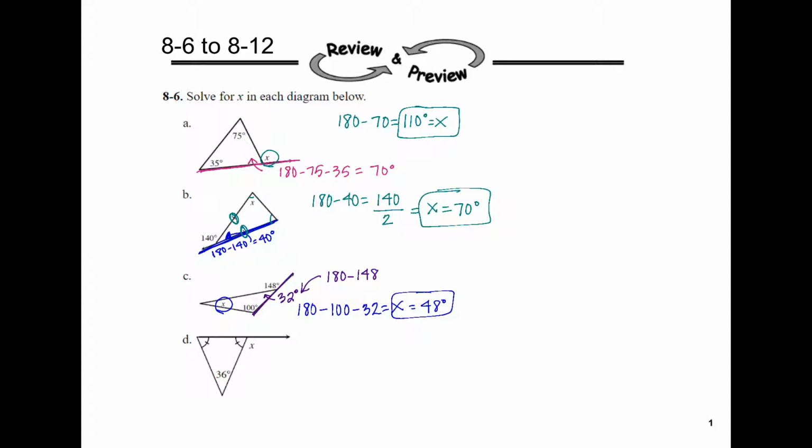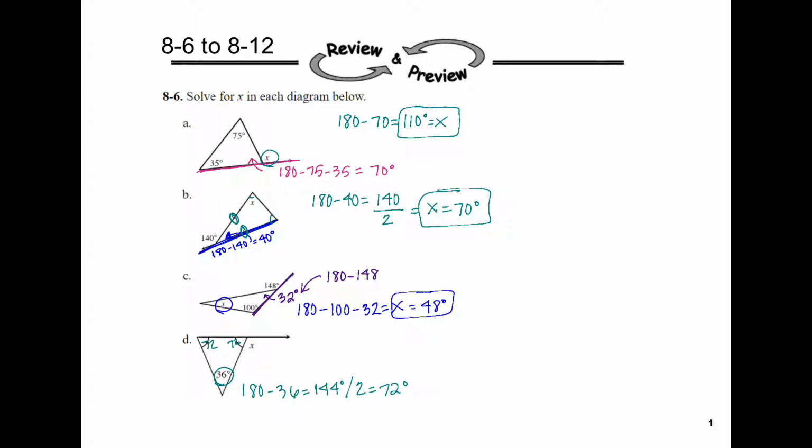Looking at our last triangle, we can see that our top angle is 36. So if we subtract 36 from 180, that tells us that the bottom two angles have to add to 144 degrees. We know that our base angles are equal, so if we divide 144 by 2, it tells us that our base angles are 72 degrees.